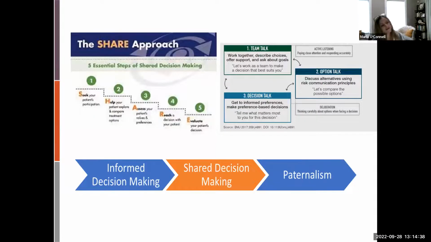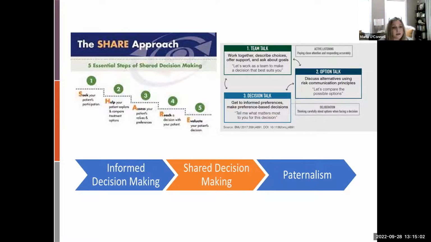So in terms of the models, there really are 3 or 4 primary models that many of these individual models are based upon. The first one here is the SHARE approach, which you might be familiar with. This is from AHRQ, and this really involves 5 essential steps of decision making.